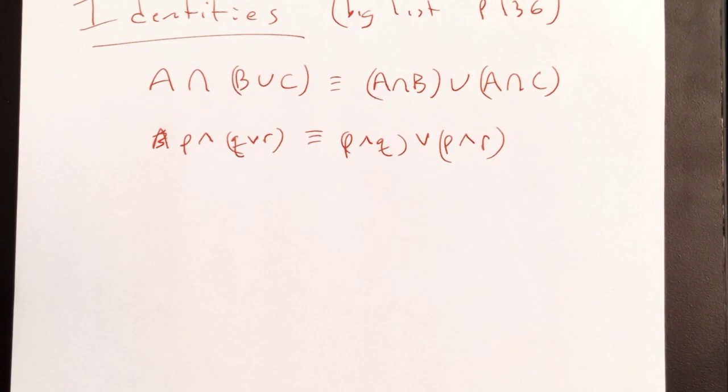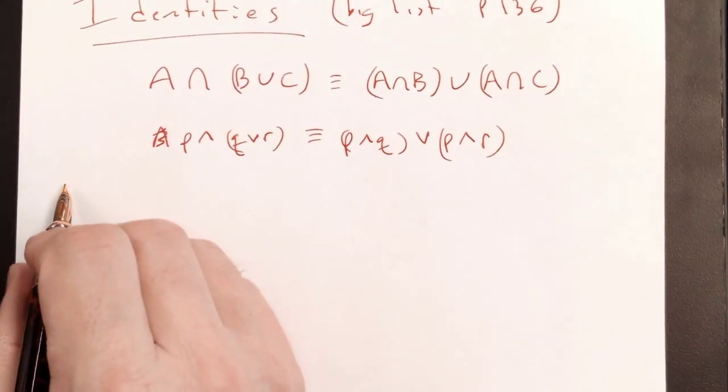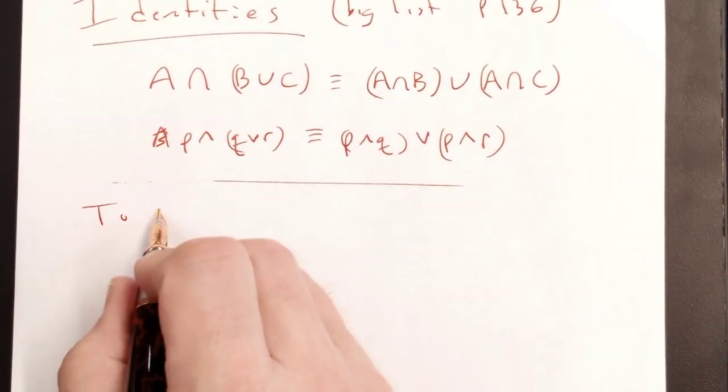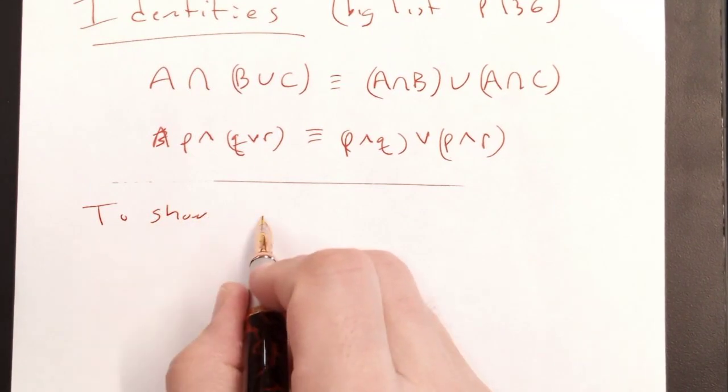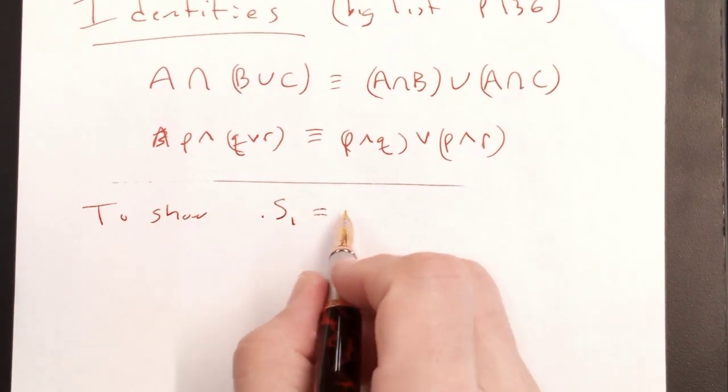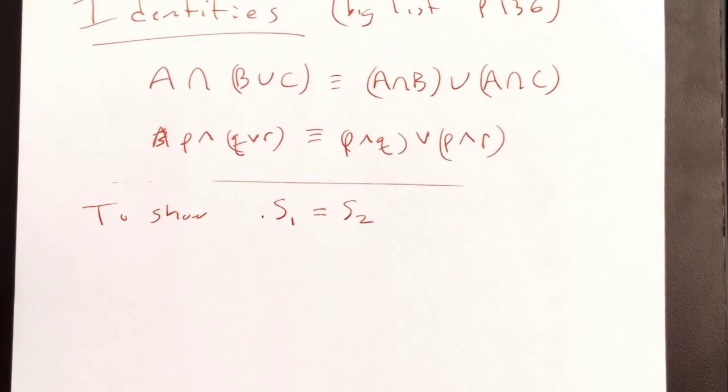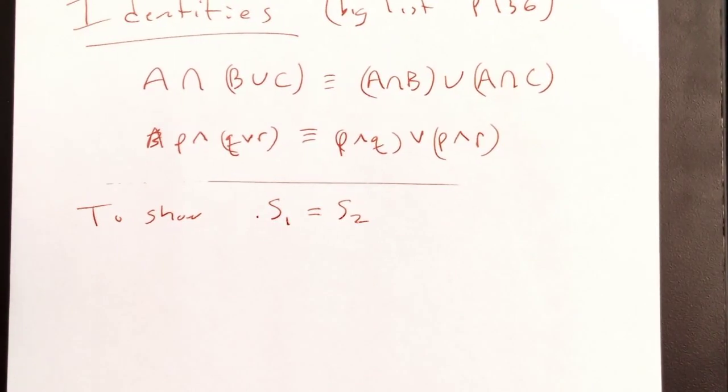The problem is writing a proof in sets is hard. To show that I have two sets that are equal, I really have to prove two different things.